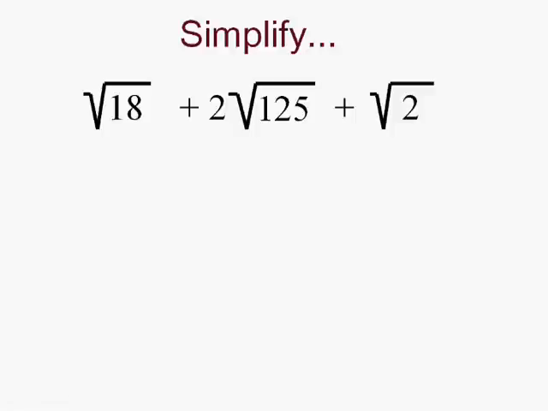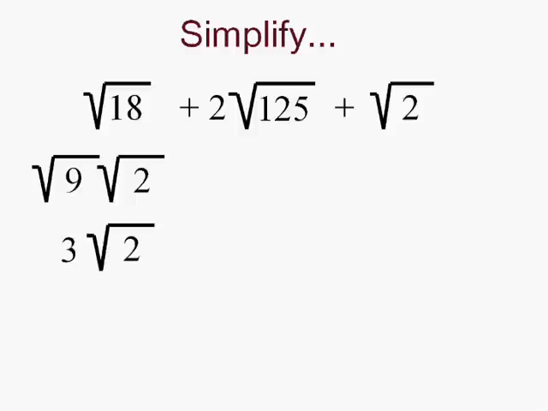Of course, you can't be sure whether you have like terms until you simplify the radicals. Let's simplify the square root of 18. It breaks up into the perfect square, 9, and the garbage left over, 2, or 3 radical 2.